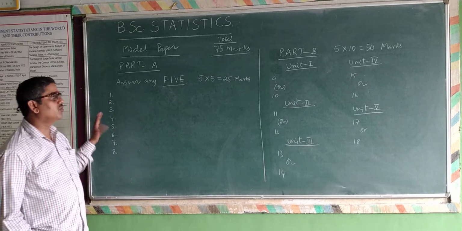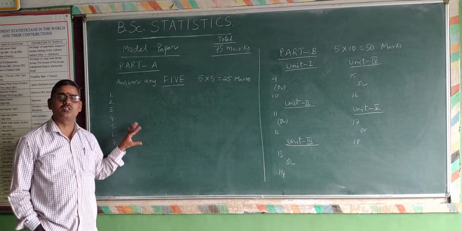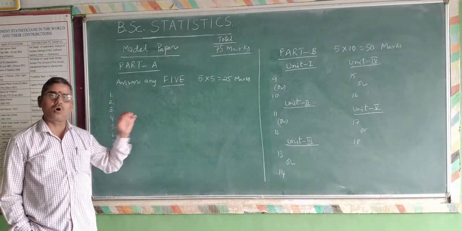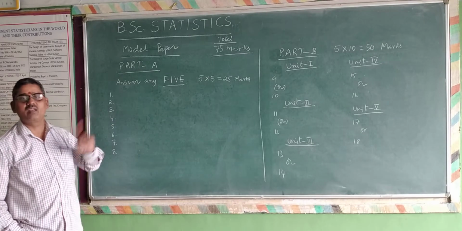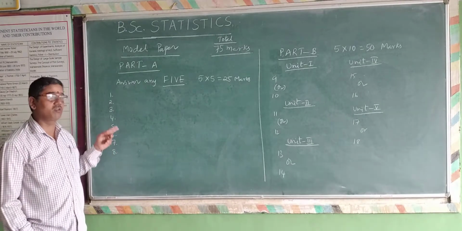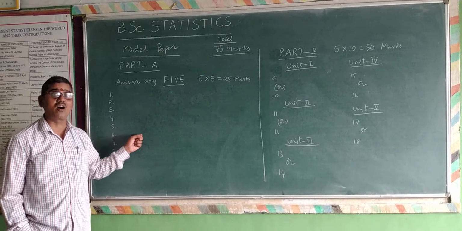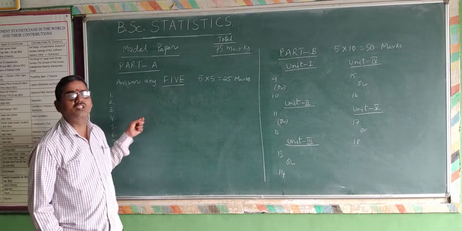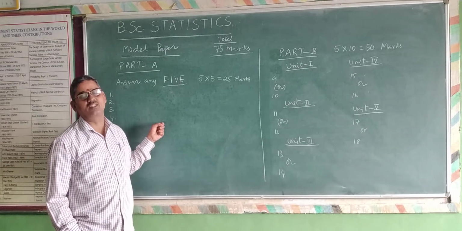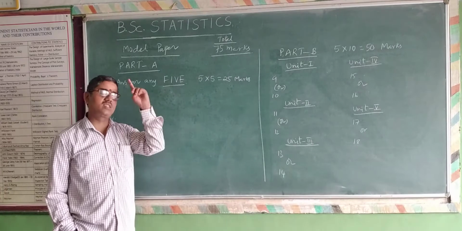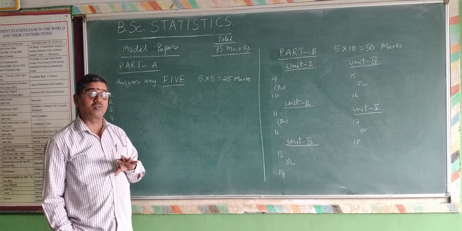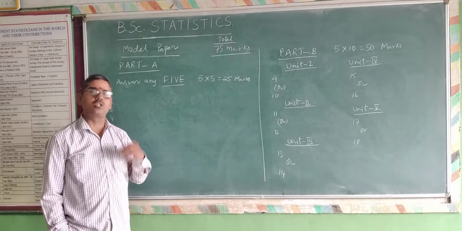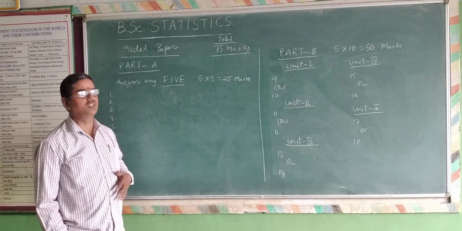You write some 5 marks questions in a paper for all the units, and that will give you an advantage so that you can answer all 5. If you answer at least 4 questions, 4 units means you can definitely answer 4 questions, maximum 5 questions. You can also write all 5 questions.